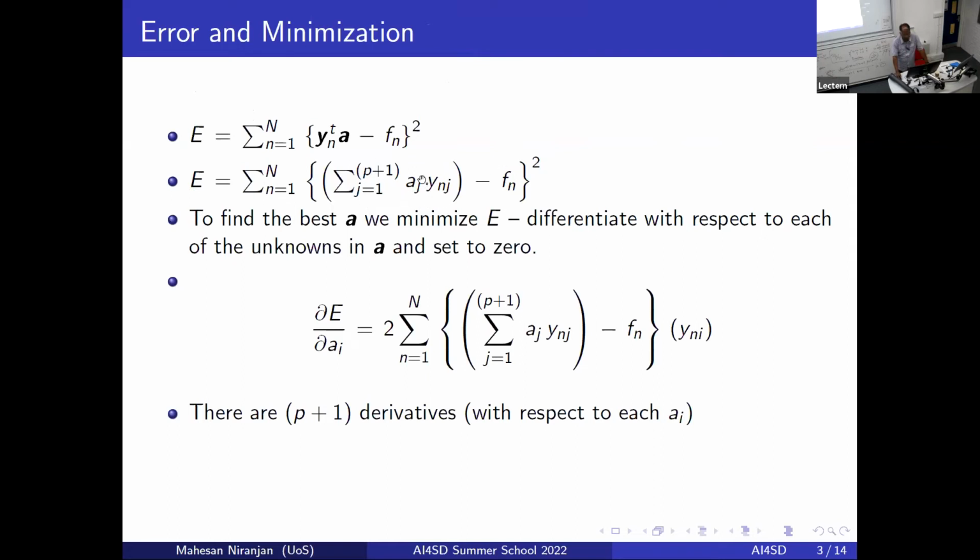You will have a constant, you will have a term in A, you will have a term in A squared, but you're never going to have A to the power 23. So as long as it's quadratic, you will have only one minimum, so there's no difference between local and global.